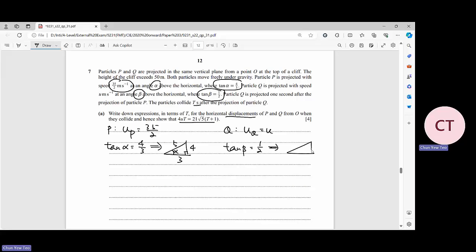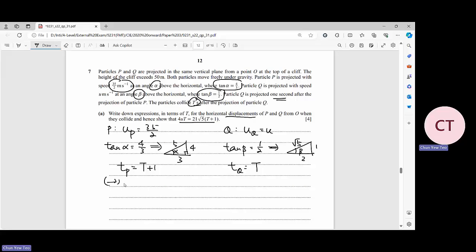Similarly, we can draw a right angle triangle. Then the TP and the TQ. The time for Q is referred to as t, and the time for P is referred to as t plus 1, because Q is moving 1 second later than P, and t is referring to the time of Q. Okay, so this is what we should do.